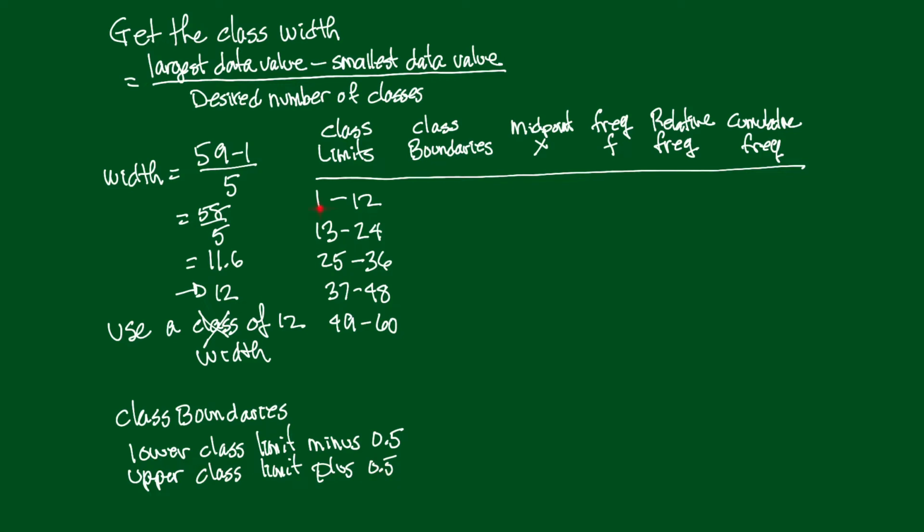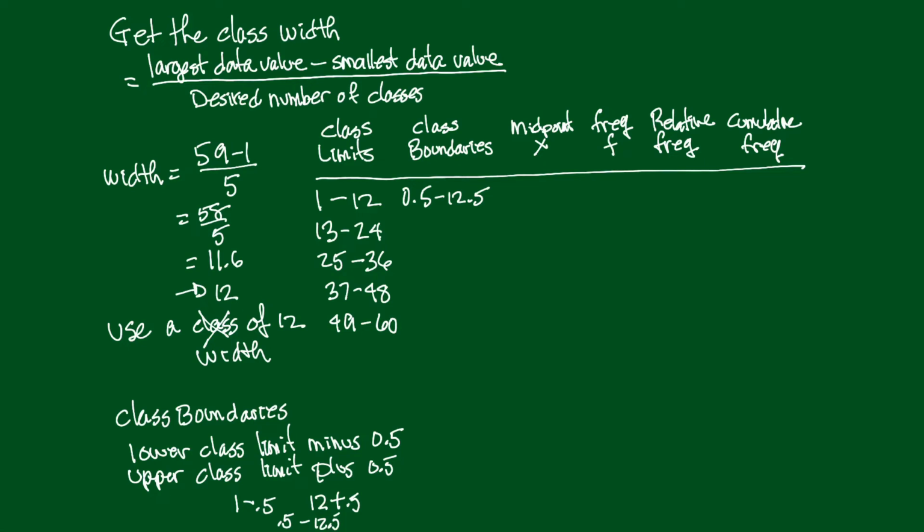So like in the first one up here, the class boundary would be what? It's going to be 1 minus 0.5, and then the upper class limit would be 12 plus 0.5. So we're going to get what? 0.5 up through 12.5. All right, so let's write those. So we're going to go from 0.5 to 12.5, and you can get these pretty easily.